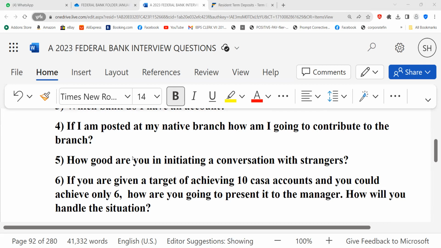Then you do one thing. If it is only 2 mock interviews, are you working now? Where are you working? You are now working in SBI as chief manager. Good.